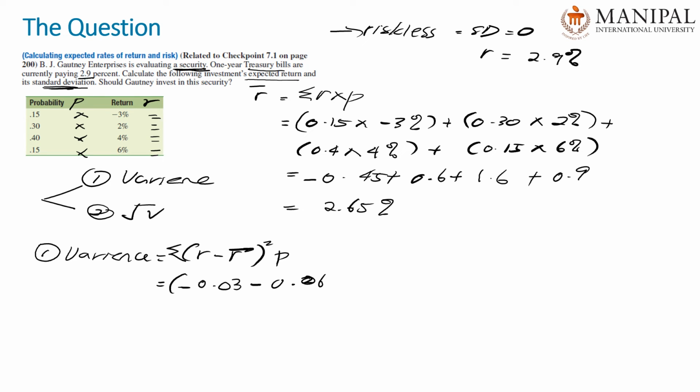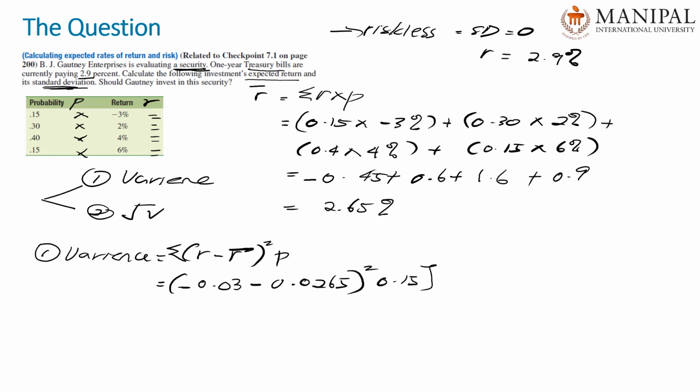Let me make a correction here. Many of my students make a mistake in converting from percentage into decimal. So it is 0.0265, to the power of 2, multiplied by 0.15. So that is the first set.